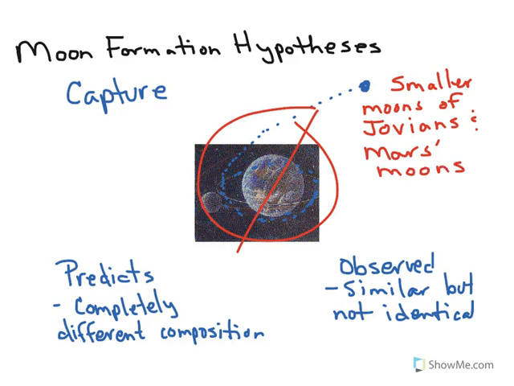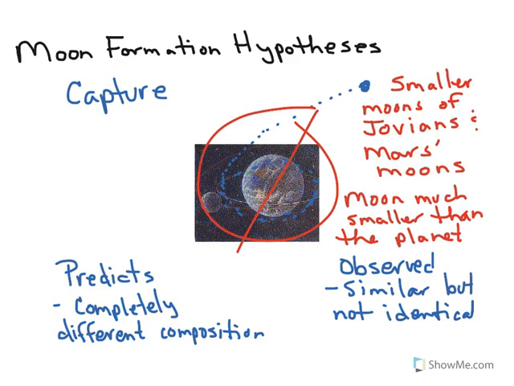But typically, in this case, what you need is a moon much smaller than the planet. And our moon is reasonably good sized compared to the Earth. It's just a little too large for us to capture.